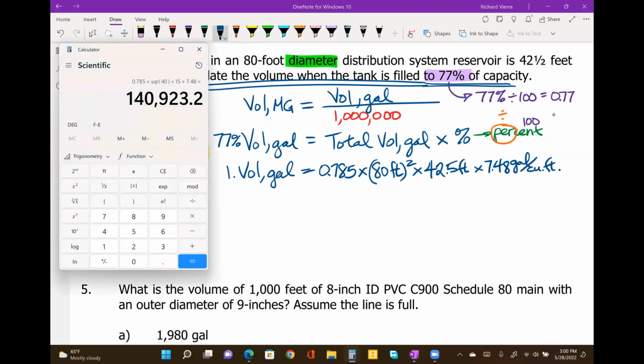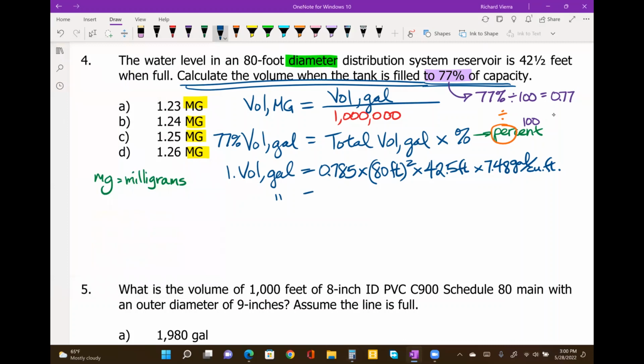Then multiplying this through on the calculator, 0.785 times 80 squared for the diameter, times 42.5, and then times 7.48, comes out to 1,597,000 and about 130 gallons.